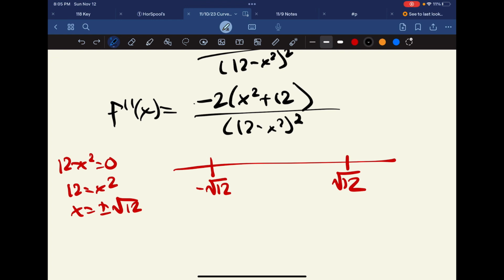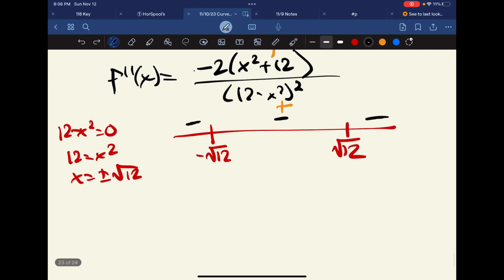So now to make the sign chart, if we plug in something on this interval, this is always going to be positive, because it gets squared. And so the concavity actually isn't going to change for the entire interval. It's always going to be negative, because positive times a positive times a negative.